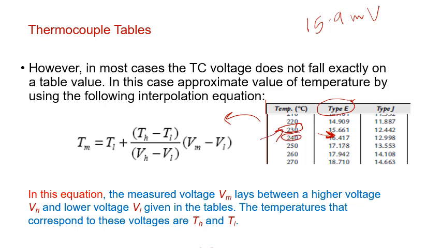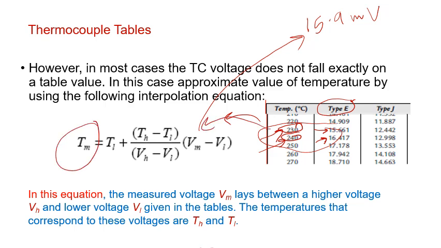So this value is considered T low, this value T high, this value V low, this value V high, and V measured is this value. So everything is given. When I get the values from the table and substitute, I will be able to calculate the temperature.